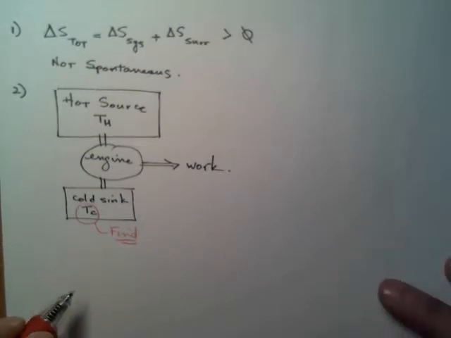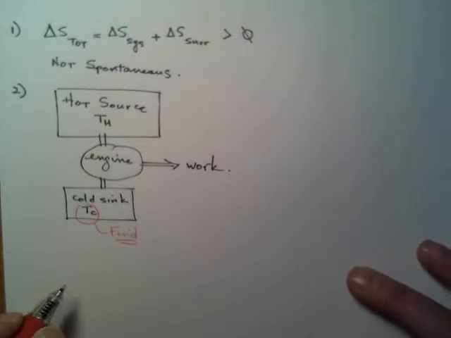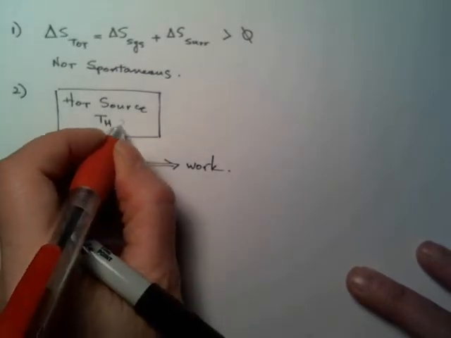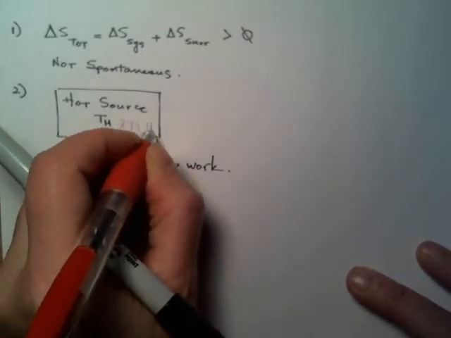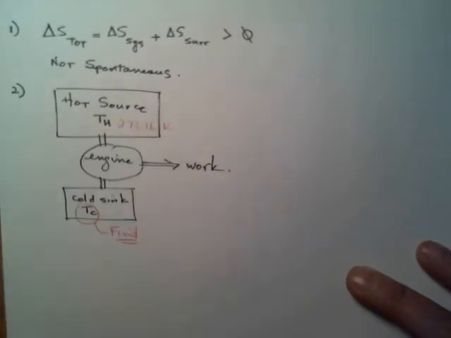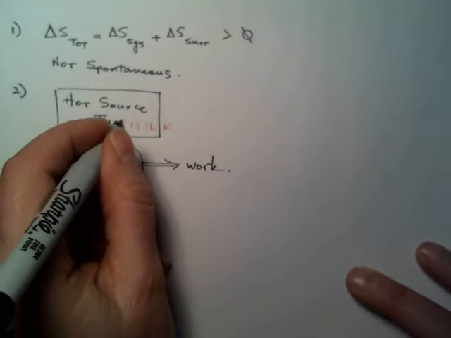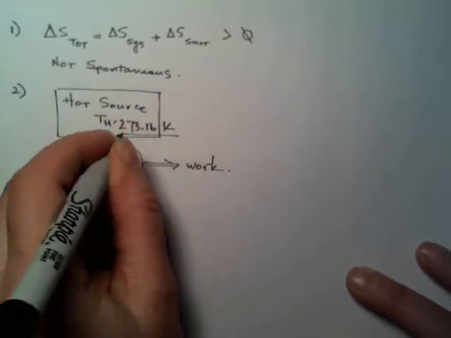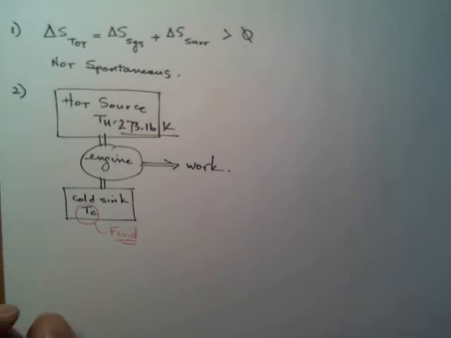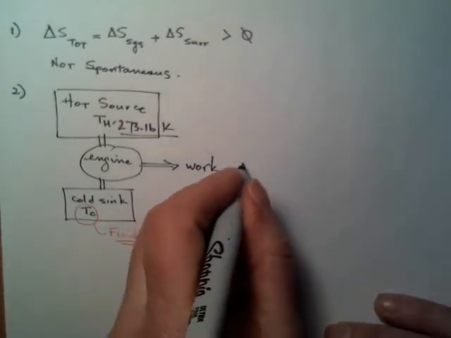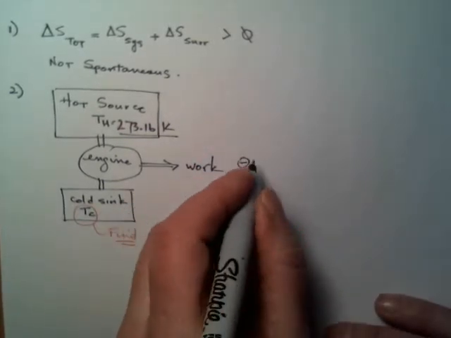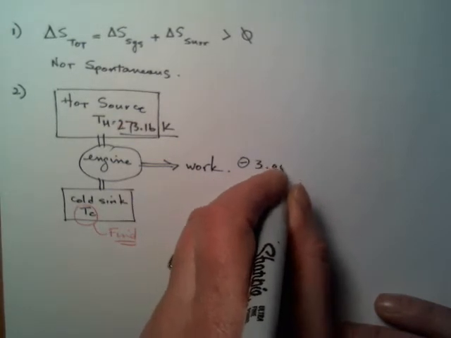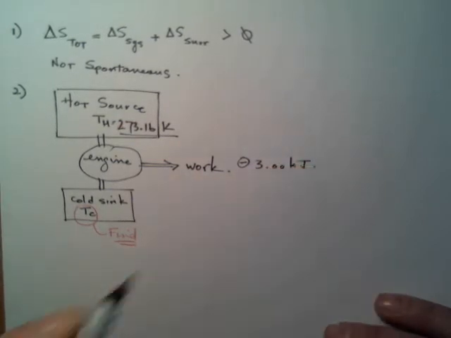So what do I know? I know that T hot is 273.16 Kelvin. You can't see that very well, so I'll just write it in. 273.16 Kelvin for the T hot. And I know that the work is being done, so that's minus 3.00 kilojoules of work.